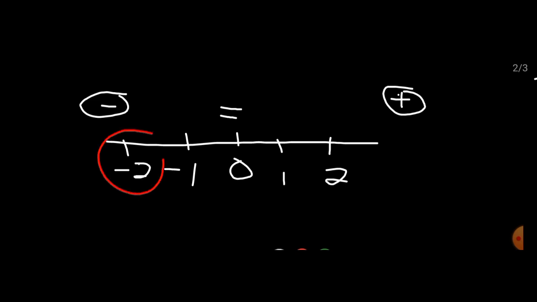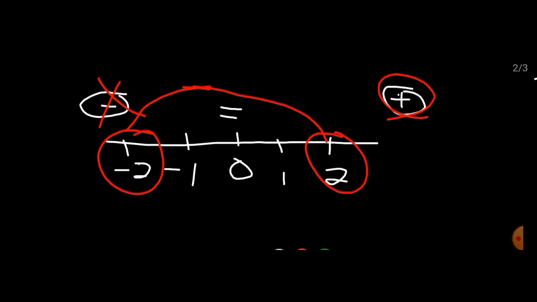If I take this negative 2 and decide to skip 0, or skip the equal sign, remember I'm not subtracting, so it won't change to 1. I'm not subtracting, so it won't change to negative 3 or something like that. Obviously, because I'm shifting it, it will change to 2. But look, once it crosses the equal sign, it is no longer negative, it becomes positive. I hope it makes sense.